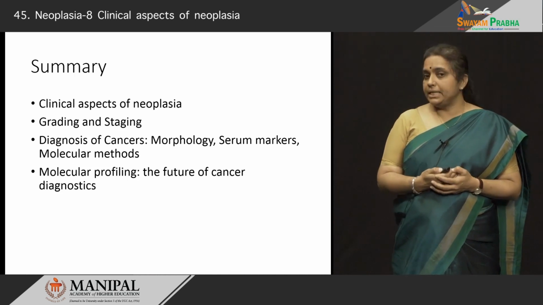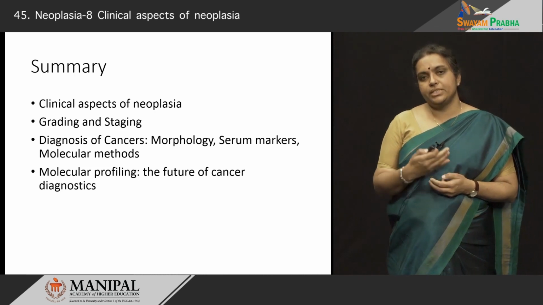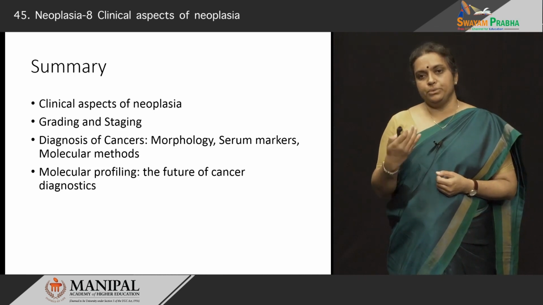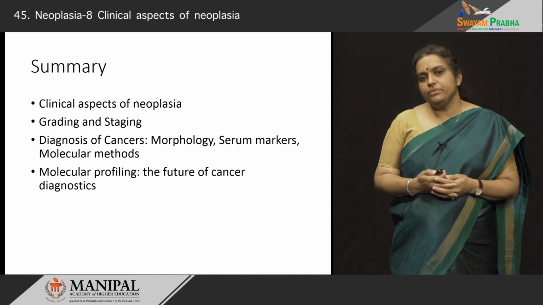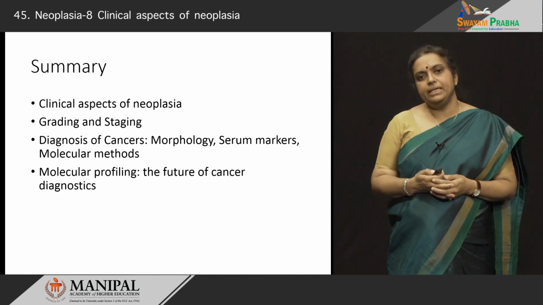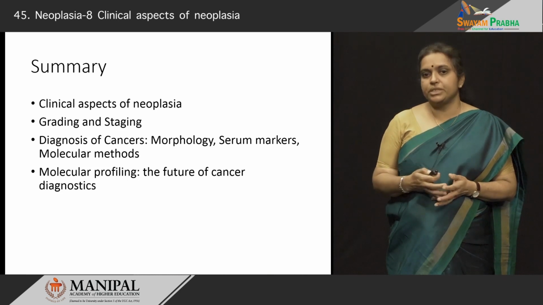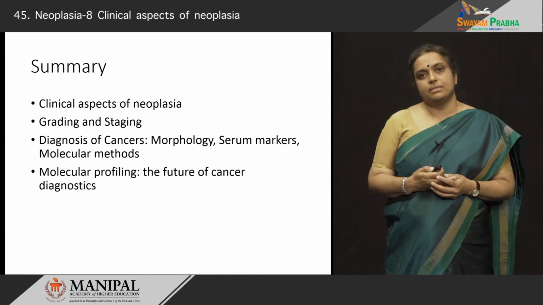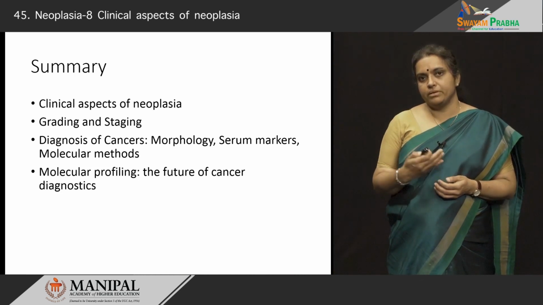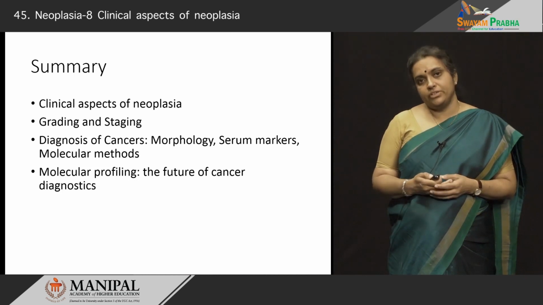We talked about the diagnosis of cancers, which is done through morphology, through serum markers and through molecular methods, and also we talked about the molecular profiling, which is sort of the future now of cancer diagnostics, the mutation analysis methods, the next generation sequencing, which are revolutionizing the way we diagnose and treat cancers.